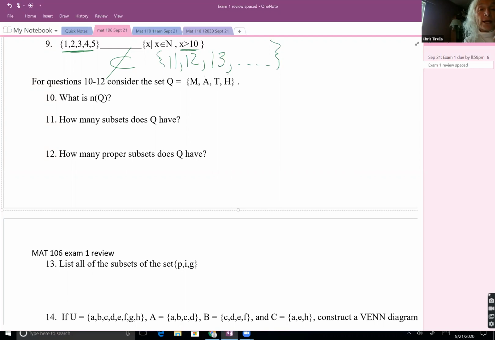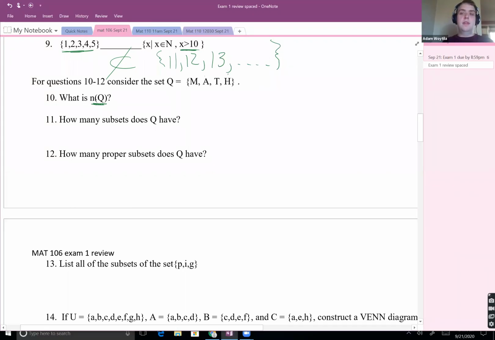Q is a set. What is question 10 asking for? What does all this crazy notation mean? Any ideas? The cardinality.